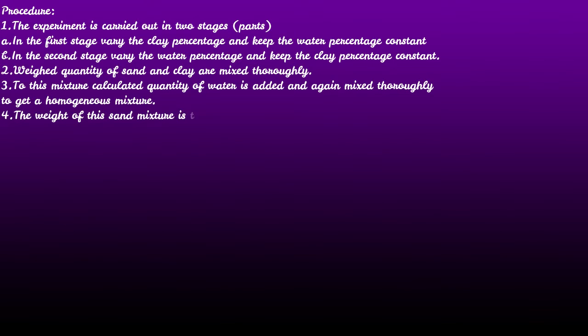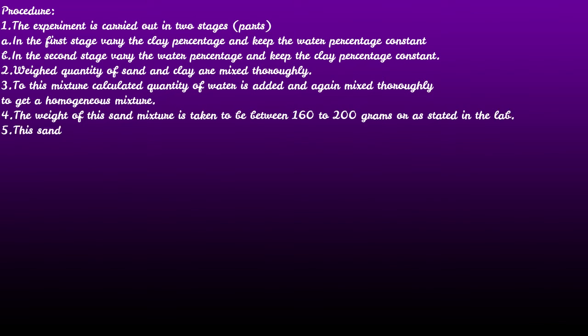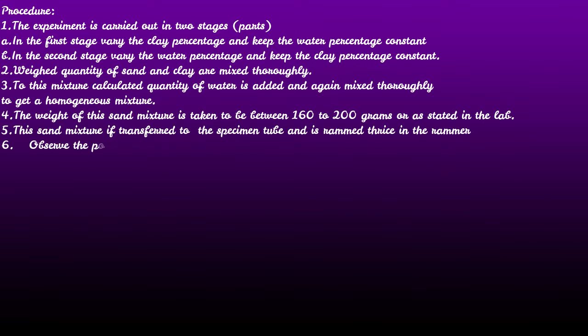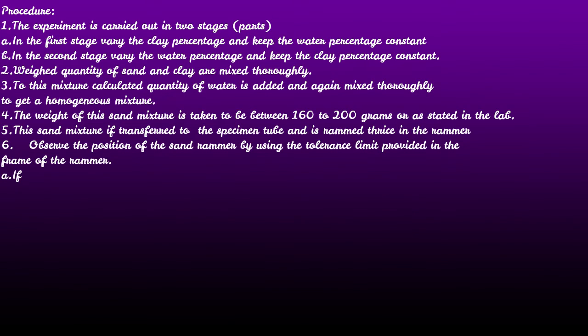4. The weight of this sand mixture is taken between 160 to 200 gram or as stated in the lab. 5. This sand mixture is transferred to the specimen tube and is rammed thrice in the rammer. 6. Observe the position of the sand rammer by using the tolerance limit provided in the frame of the ram.